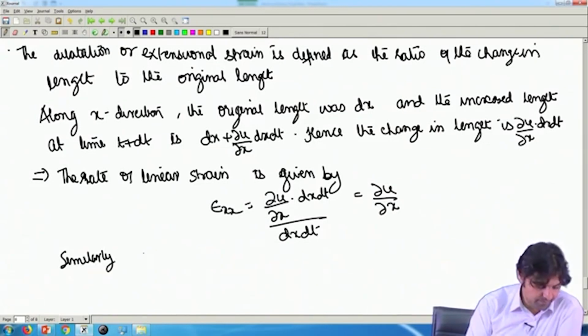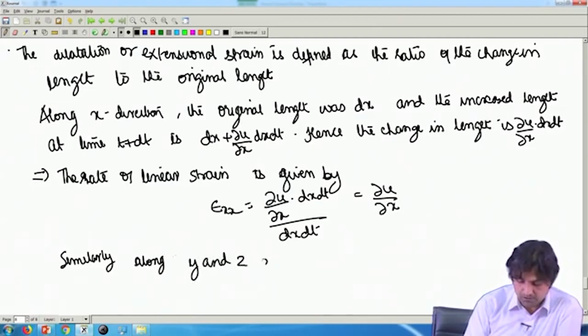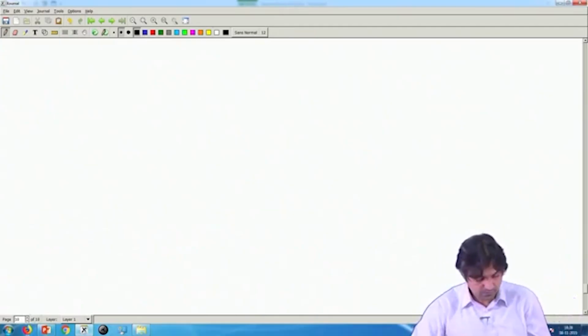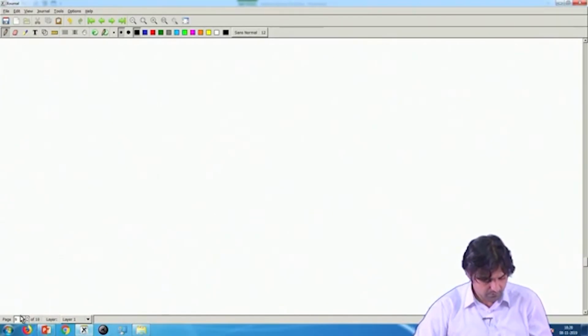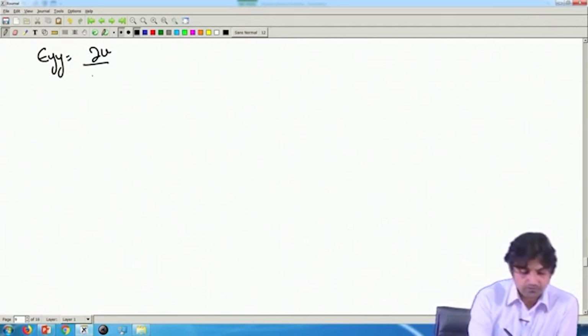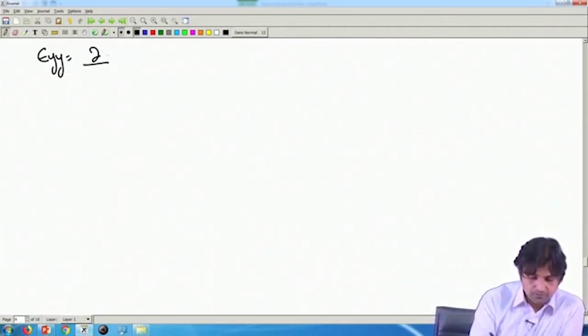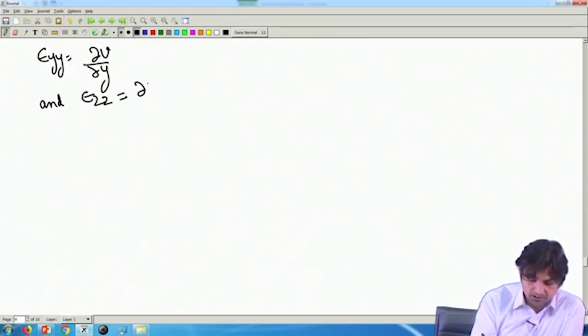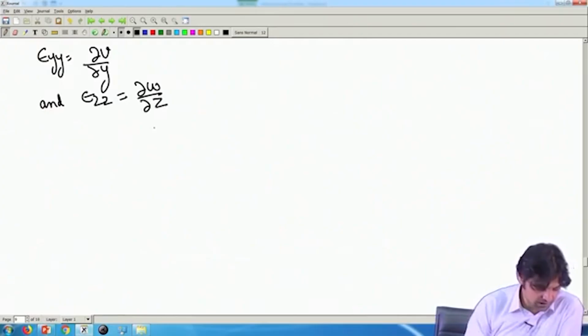Similarly, along y and z directions, epsilon yy can be written as del v by del y and epsilon zz can be written as del w by del z.